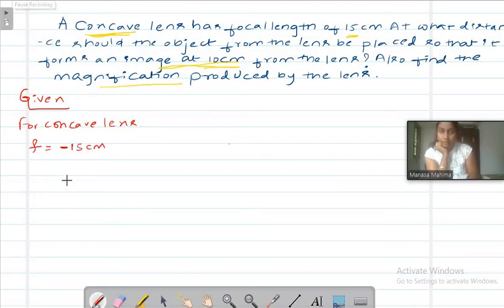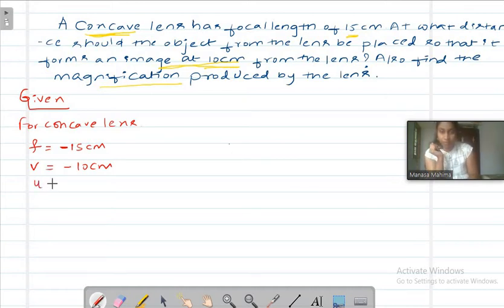And they have given the image distance, it forms an image, correct? So we have to take that as v is equal to minus 10 centimeter, because in a concave lens, all the measurements which we have to take will be on the left side but not on the right side. So all the signs of the terms we have to take as negative.